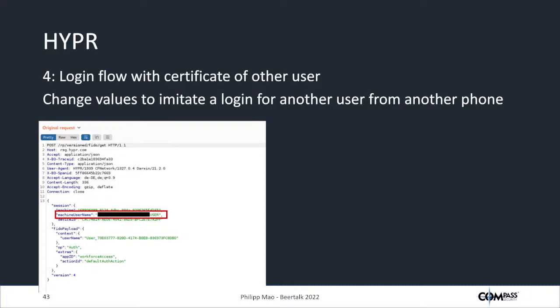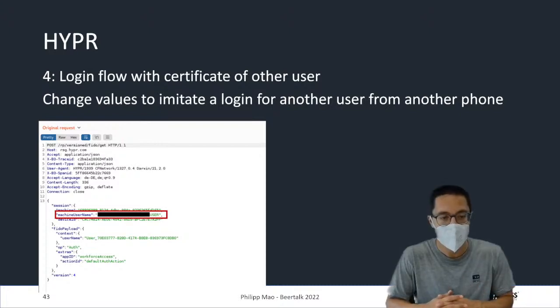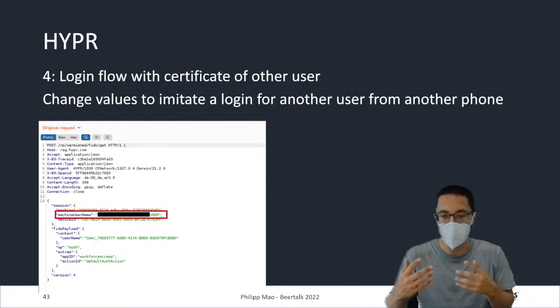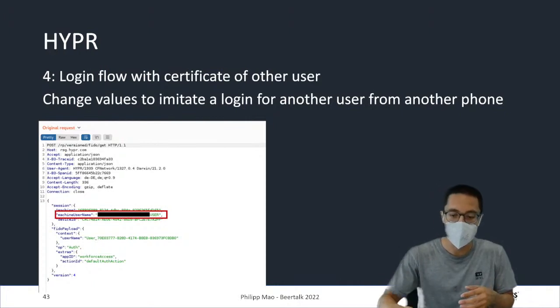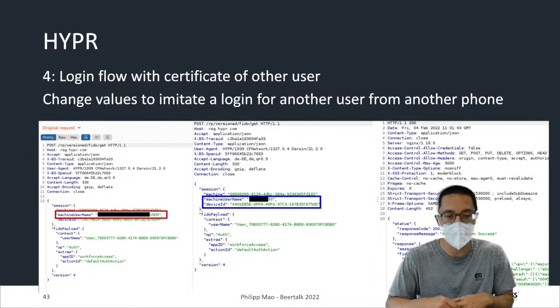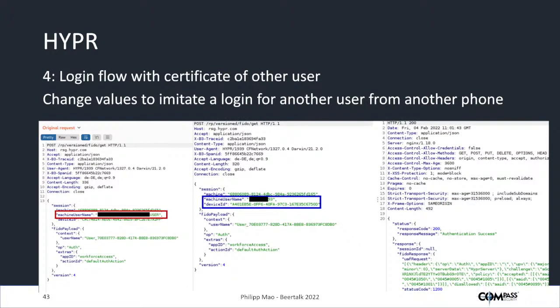This is the first request that is sent by the app to kick off the entire login process. And the attacker changes the values marked in blue here, where the attacker changes the machine username to the target username and the device ID, which identifies the smartphone, to the device ID of the target user. And this is again a value that can be read from the registry.